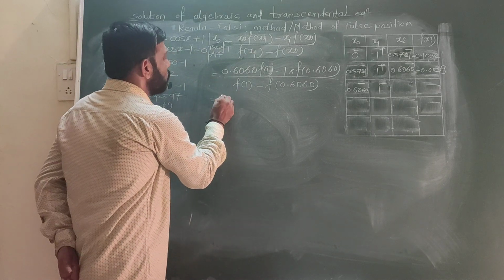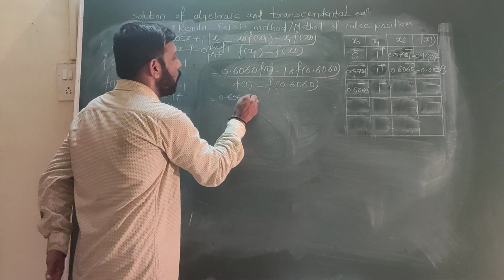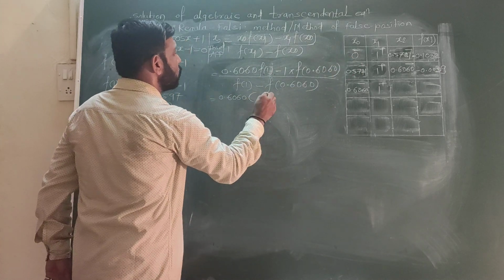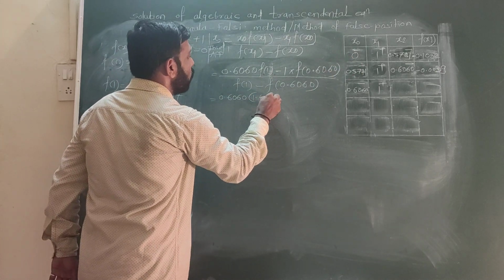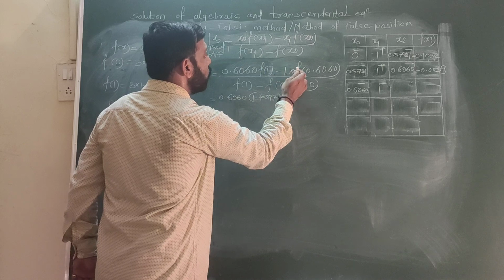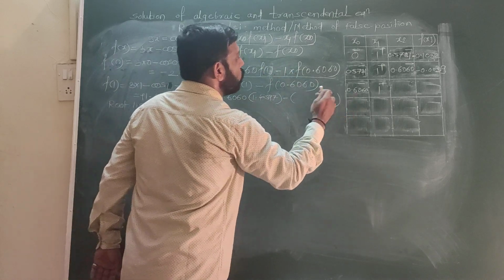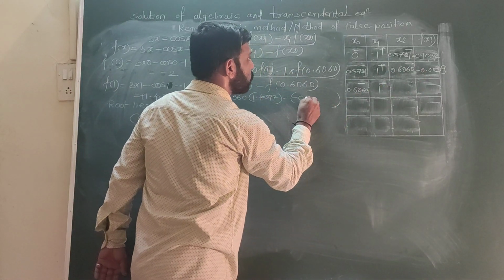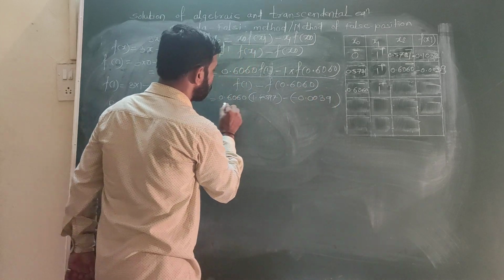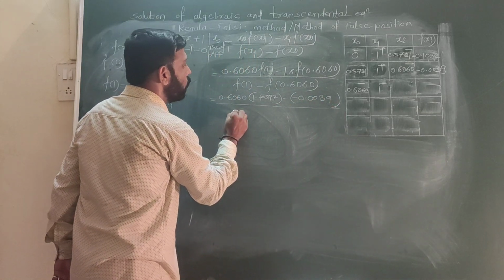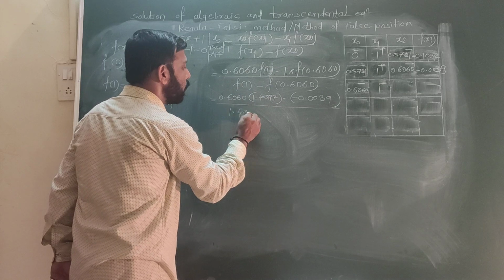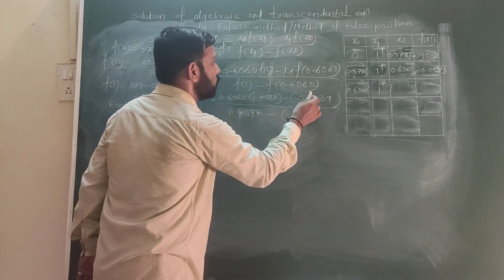So this calculation we have f(1) is 1.4597, 1 into this value, f(1) value, that is this bracket, minus this bracket.